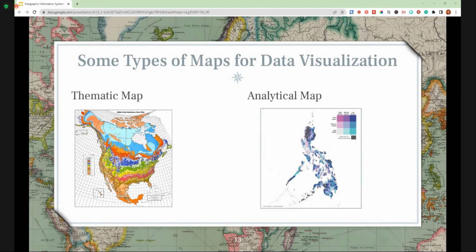Yung mga dark blue ones, I don't know if you guys can see. Here you go. This dark blue color, these are areas or municipalities with low wealth and also slow internet speed.